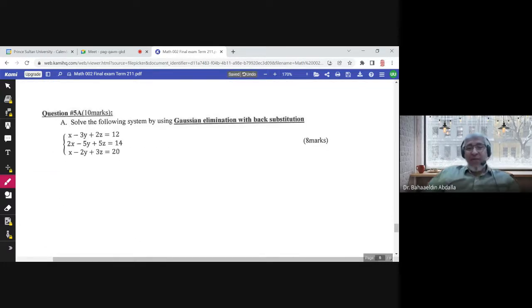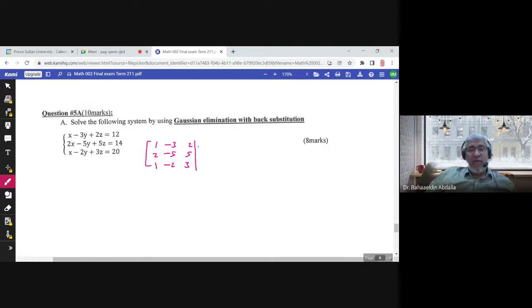Solve this system by Gaussian elimination with back substitution. Well, we studied Gaussian elimination in section 9.2, and especially 9.1 and 9.2. And here you have 1, 1, negative 3, negative 5, negative 2, 2, 5, 3, the coefficients of x, y, and z.